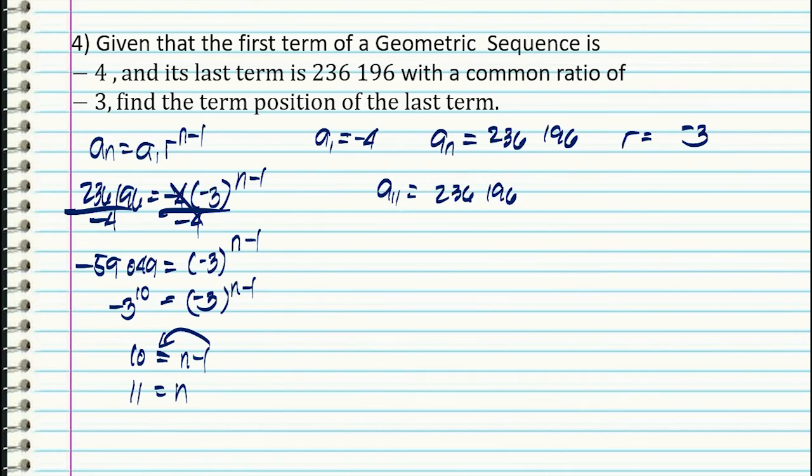So let's have another example, with a smaller number so that we can easily think of the exponential form. Let's say we have a sub 1 equals 3, a sub n equals 12, and r equals 2.